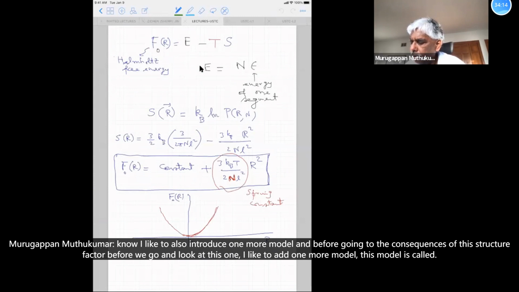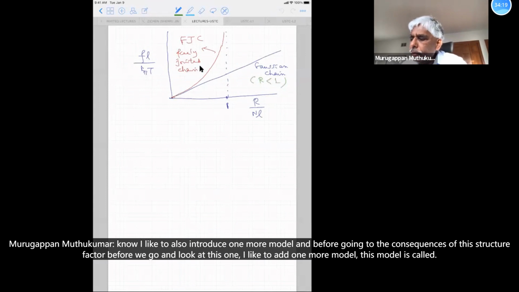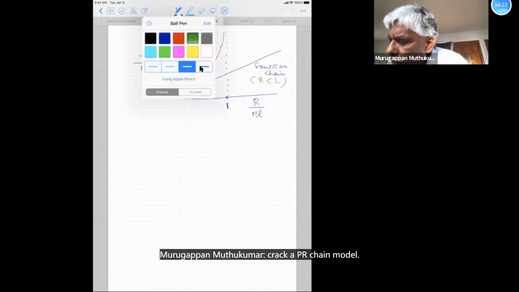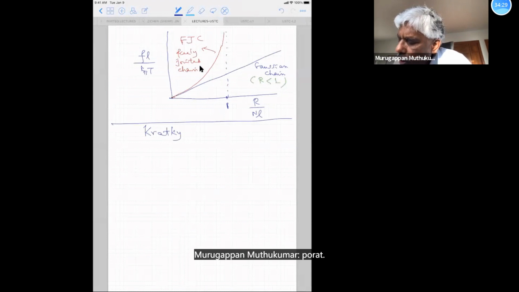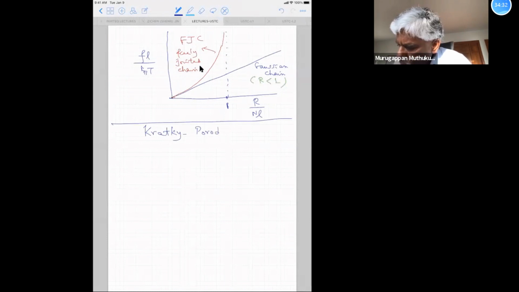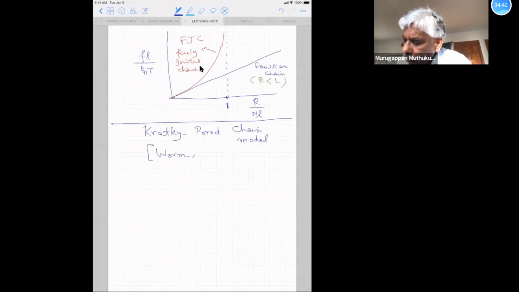This model is called the Kratky-Porod chain model, or it's also called the worm-like chain model.